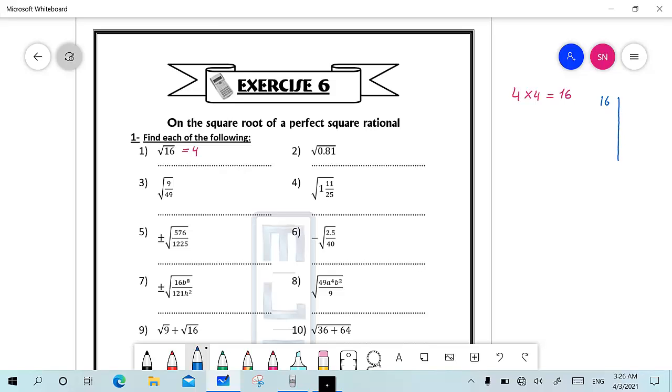So 16, if I'm dividing it by 2, I'm going to get the answer of 8, divided by 2 I'm going to get 4, divided by 2 I'm going to get 2, divided by 2 I'm going to get 1. And I'm going to take from each 2, 1. So this means that the square root of 16 is 2 times 2, which is equal to 4 as well.